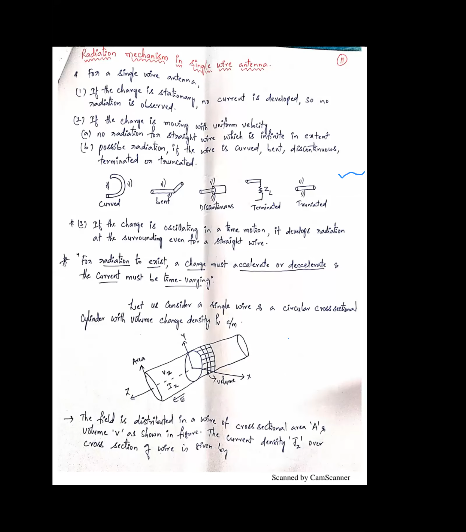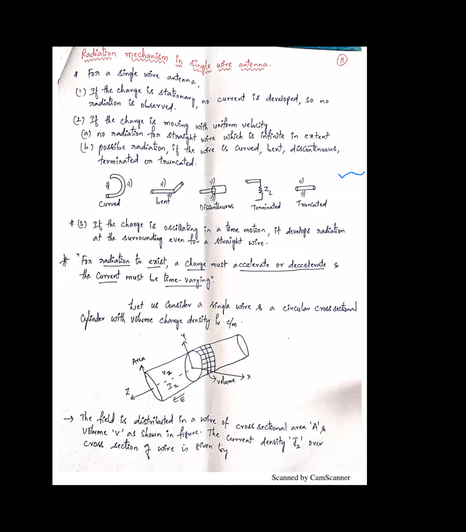Right. Before starting radiation mechanism, I would like to say regarding field zones. Field zones or field regions are classified into two types. First one is near field region, another one is far field region. Now I'm saying the definition of near field region.